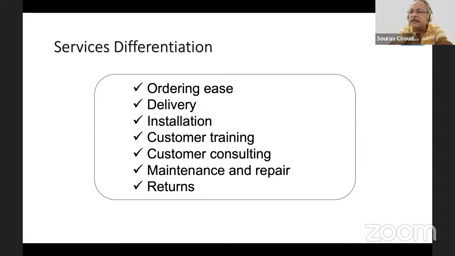And finally, returns. Okay. Amazon as a company, why did they flourish in India? Because before that, no organization gave a surety of returning the product and the payment assurance. Okay.